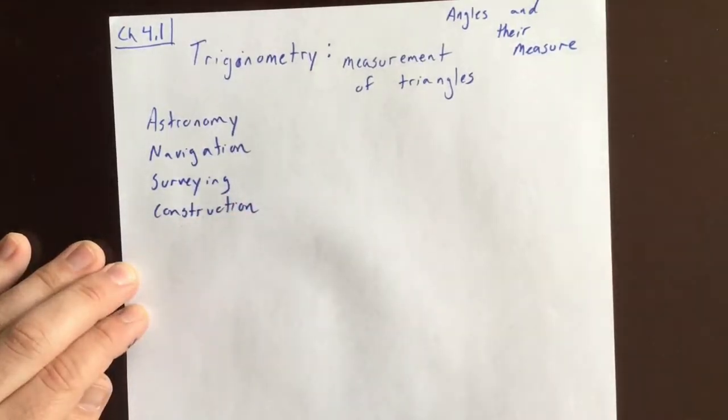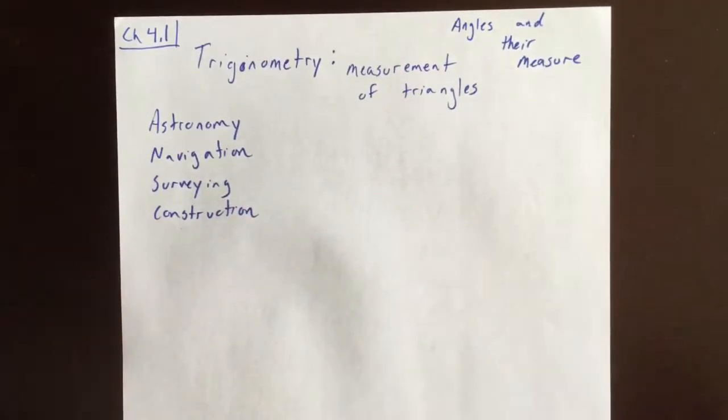I mean, we're talking early stages of mathematics. Astronomers used it, as well as people who were sailing ships and just surveying the land.